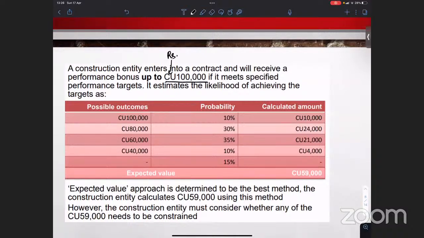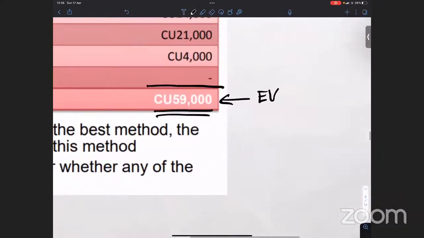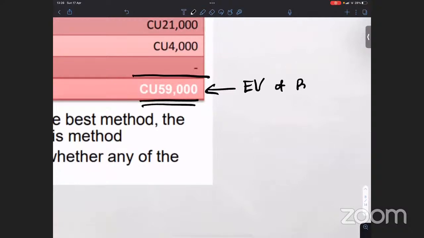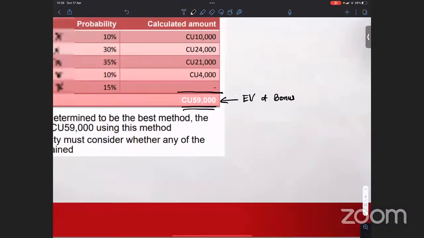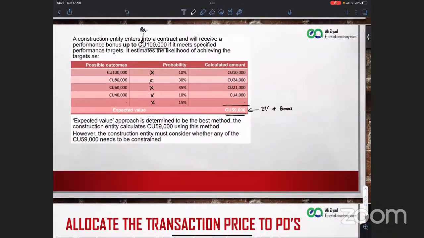What we have to do is multiply these probabilities and add them together to calculate something called the expected value. So this will be the expected value of bonus. So what will be the transaction price we will determine?